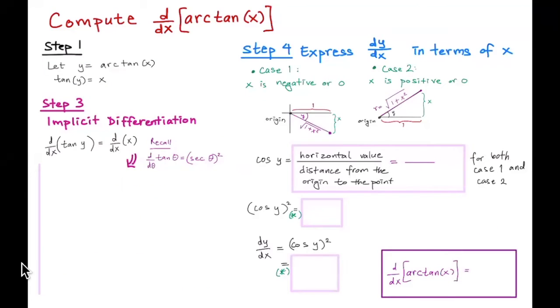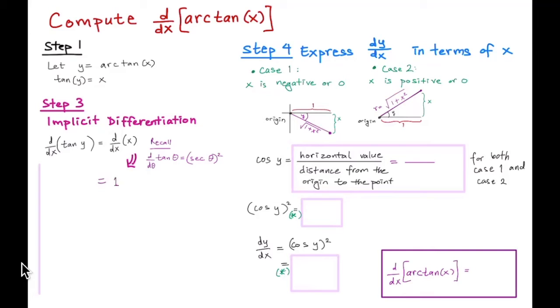So we did step 1 already. And we drew a triangle in step 2. In step 3, we'll do implicit differentiation. So I take the derivative with respect to x on both sides. So on the right-hand side, it is just 1.